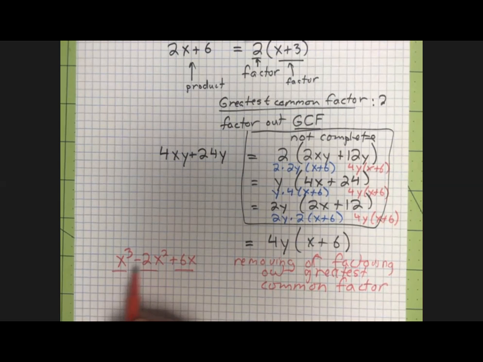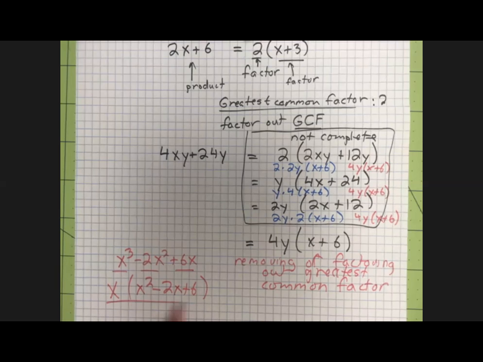These 2 people have 2 x's factored, but this person does not have 2 factors of x. So the best I can do is pull out that 1x, and I'll be left with x squared minus 2x plus 6. And if that's all I can do, that's all I can do. In this case, that is the greatest common factor, and that cannot be factored.